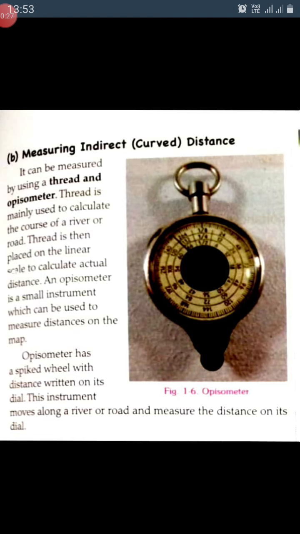So by this method we can easily find the distance of the curved surface from one place to another place. So I think that you have understood how to measure the distance on the map.